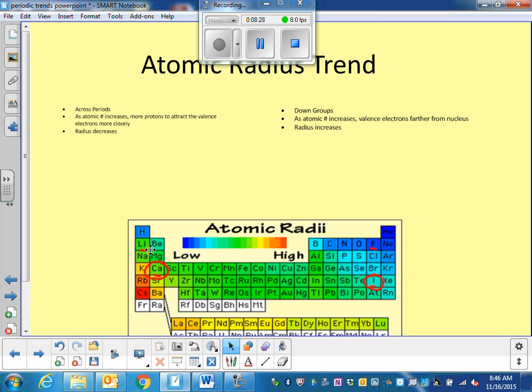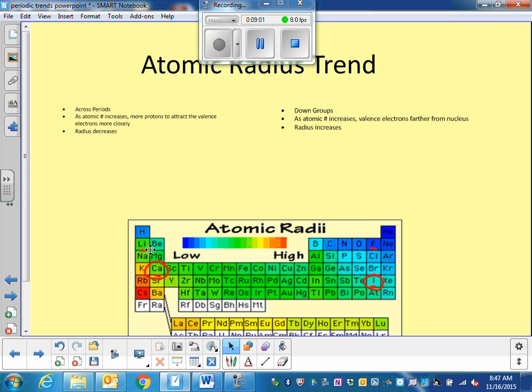Why? Because the number of protons increases, and the force of attraction for the valence electron increases. Does that make sense? So they are getting added to the same energy level. Is that right? If you're moving across the fourth period, they're getting added to the fourth energy level, almost the same distance from the nucleus.